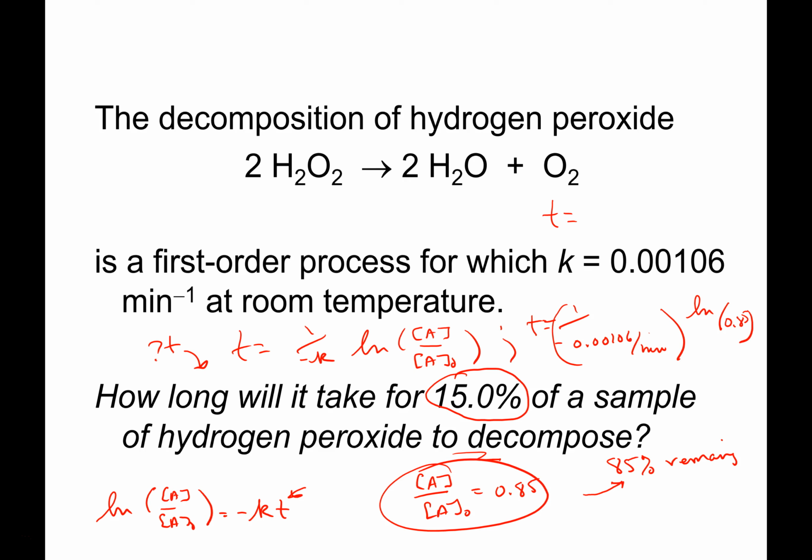Well, there's a negative there. What'd you get, Daniel? We got 0.00017227. Would you take the natural log of 0.85 and divide that by 0.00106?